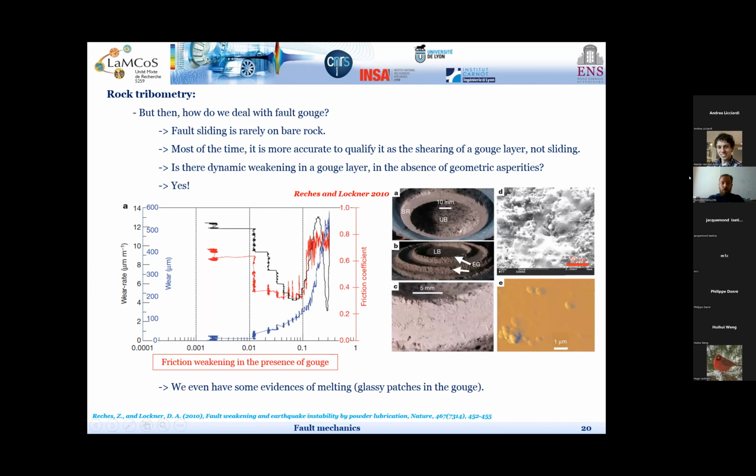For example, in this experiment in 2010, where we must look here at the red curve, they showed that there was indeed a weakening of the friction of the fault when they increased the sliding velocity. And they even had some evidence of melting, that is of glassy patches like this one in the fault gouge when they looked at it after the test.